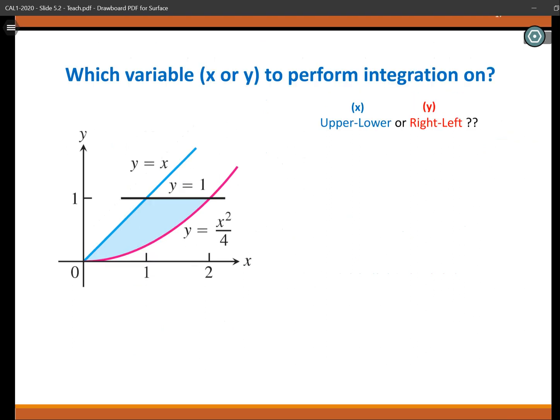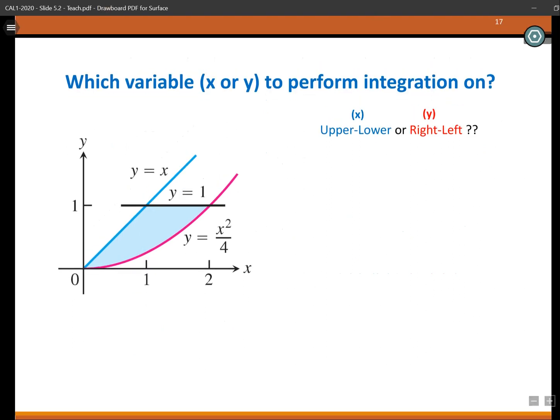So we have this shape that we want to find the area. We have this shape. So in this shape, it's enclosed by 3 lines. The first line is this straight line, y equal to x. Next line is this y equal to x squared over 4. And the last one is x equal to 1. So this region is created from 3 lines.